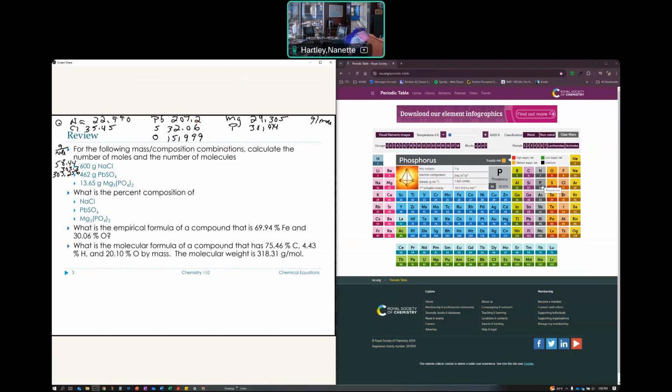And then our Mg3(PO4)2, 24.305 times 3 plus 2 times phosphorus, 30.974, plus 8 times 15.999.